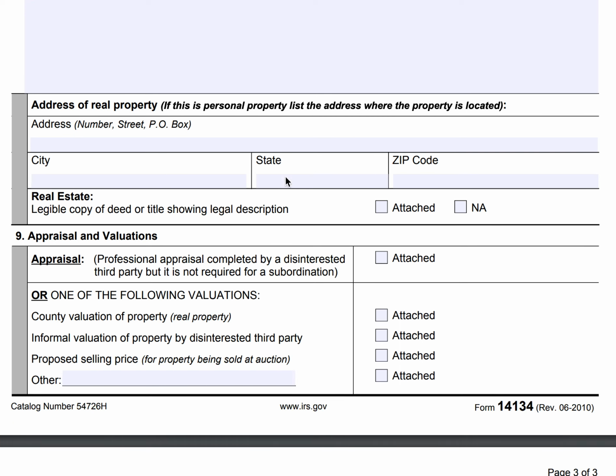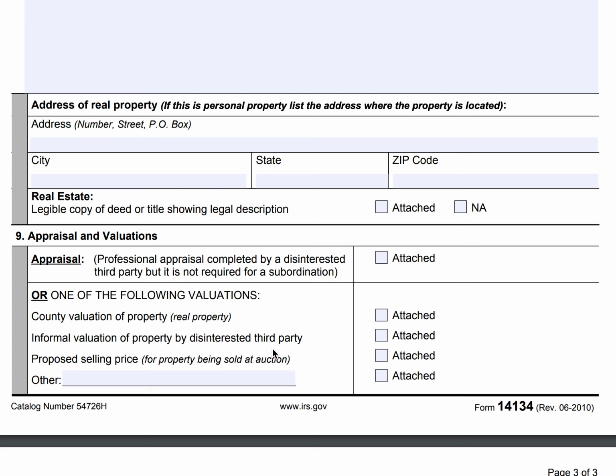You can attach either an appraisal or a valuation. So an appraisal is a professional appraisal that is completed by someone that is a certified appraiser. You can attach that. It's not required. You can attach a valuation. So this would be the county valuation of the property for tax purposes.